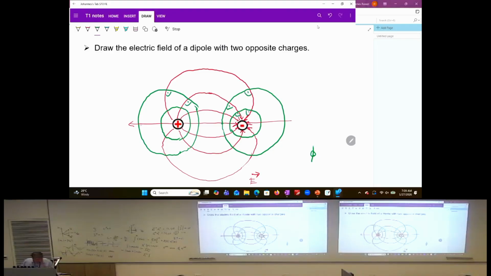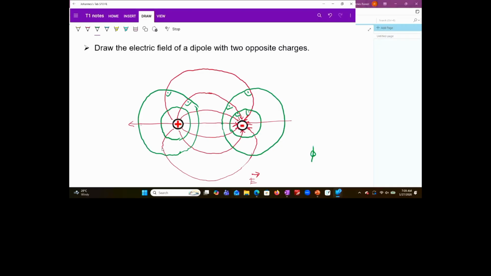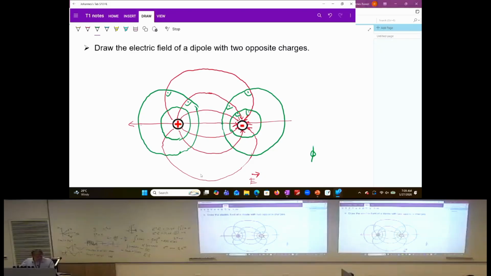Also, what you observe is that here in the center, you will see the field lines are a bit closer, and then as you go out, the spacing goes further apart. That is because the strength of the electric field is decaying by magnitude.